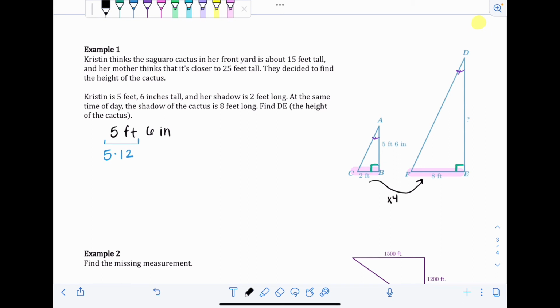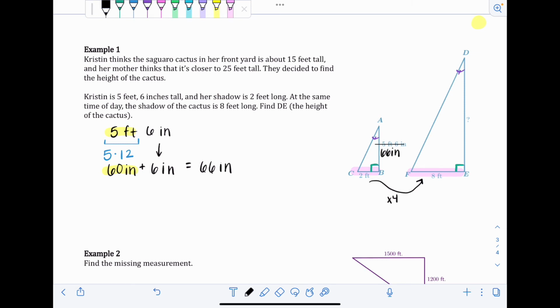That means 5 feet is the same thing as 60 inches. Then we add the other 6 inches because she's 5'6". So 60 plus 6 is 66 inches. I'm going to cross out the 5'6" and just write 66 inches.